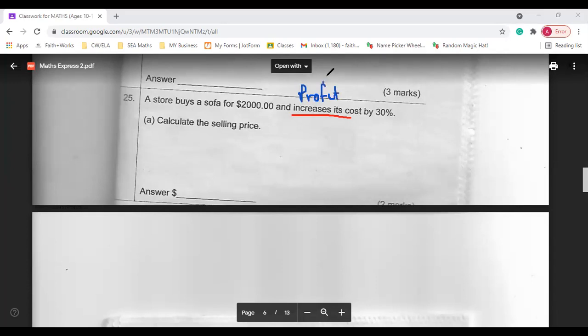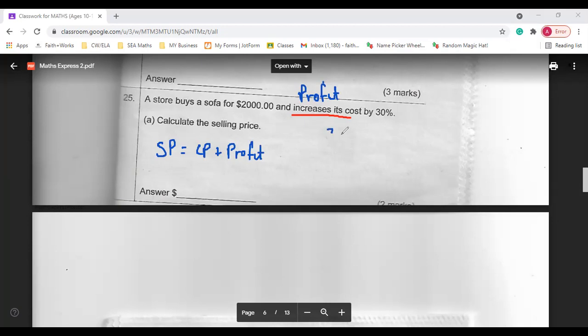So they now have a profit of 30%. Right? The selling price is cost price plus profit. That's a quick little formula to help you remember. All right, so let's calculate the profit.